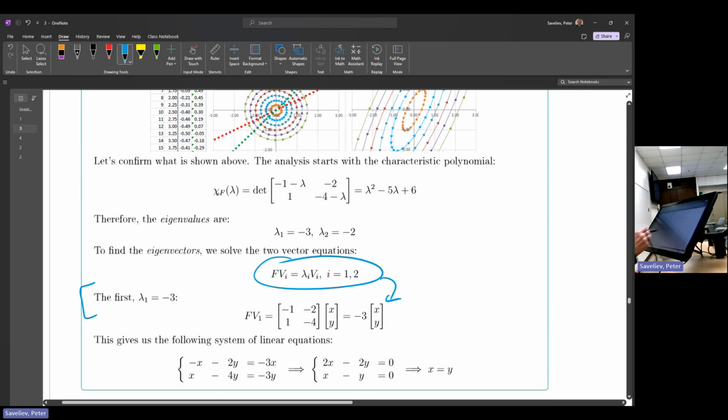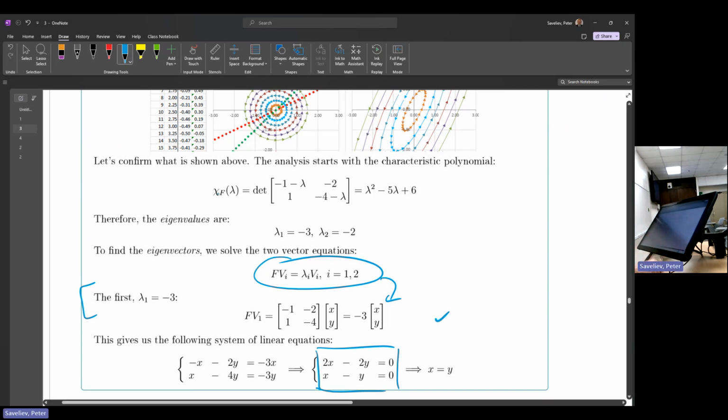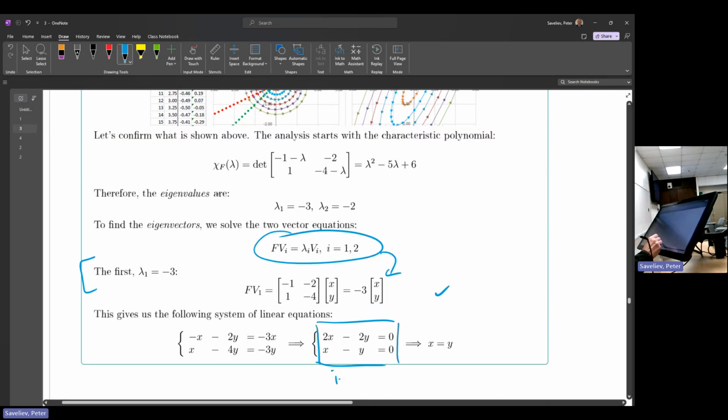Simplification gets simpler when we already know what lambda is, and we end up with two identical equations. You can check: the matrix equation is here, I expand it and simplify, and these are two identical equations.